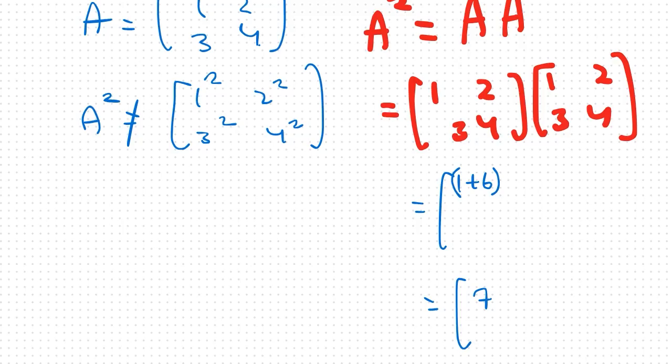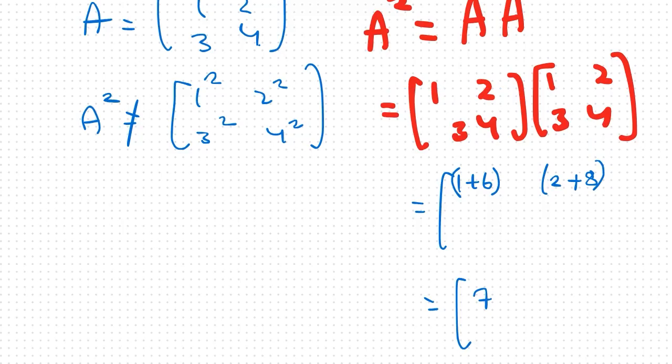We have to do row with the column. I was doing column with the row. Okay. 2 plus 6, 8. 2 plus 8. First row with the first column. Okay, first row with the second column.